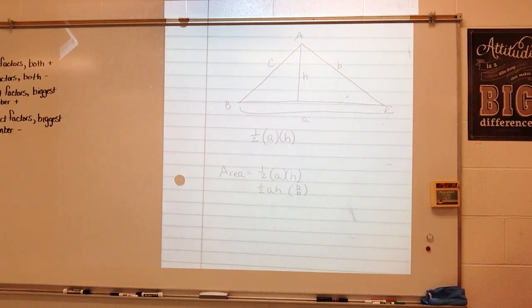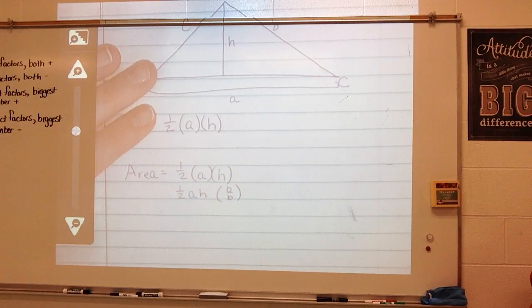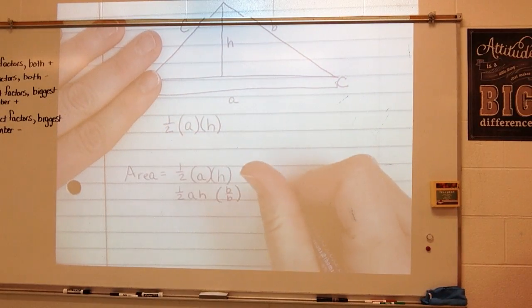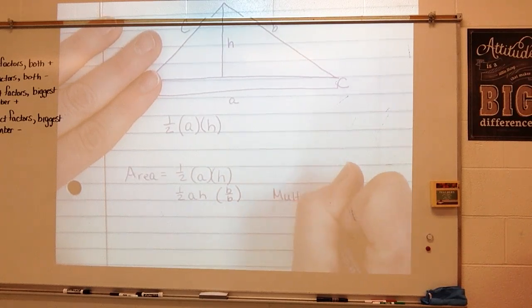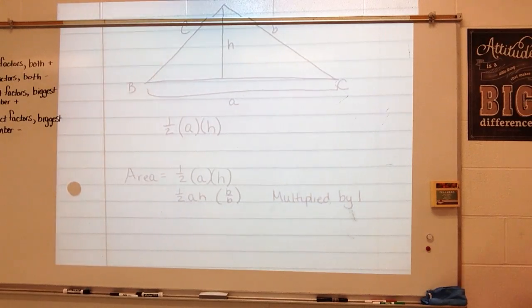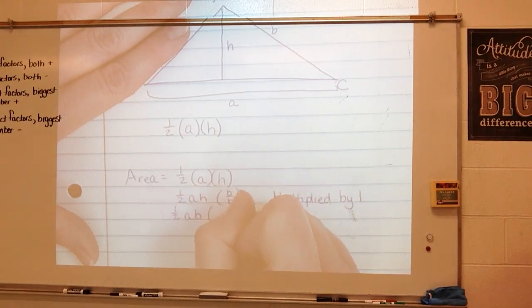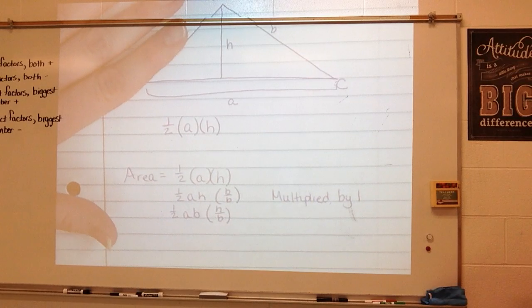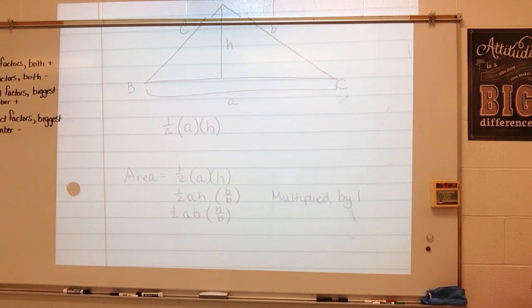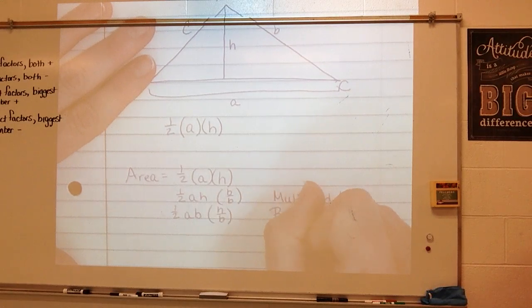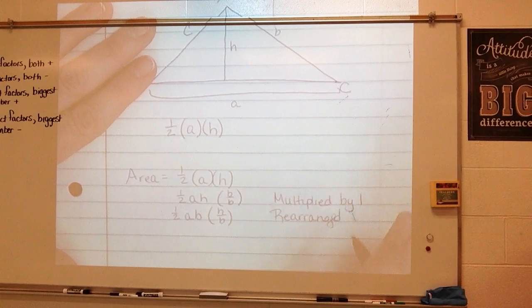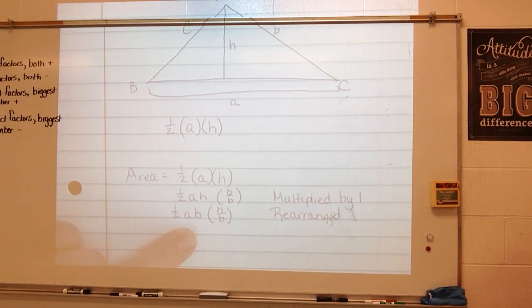B over B is the same thing as saying what? 1. So it's being multiplied by 1. Now I'm rearranging. I've rearranged my statement, but my value stays the same.